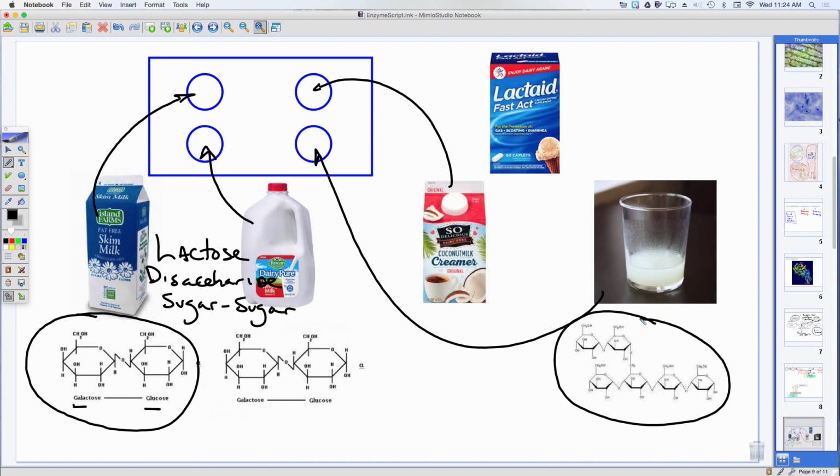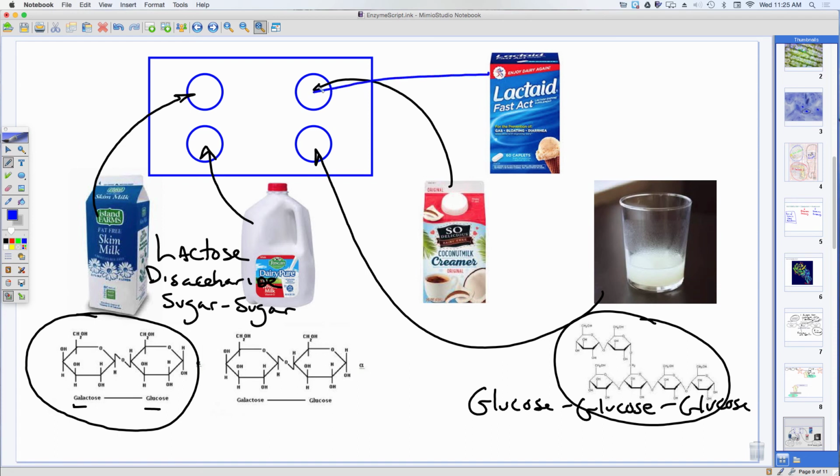And then looking at the starch, this is starch, and starch is glucose bonded to glucose, bonded to glucose. And I could keep going, but that sounded pretty boring to me. But it's just a continuous chain of glucose molecules.